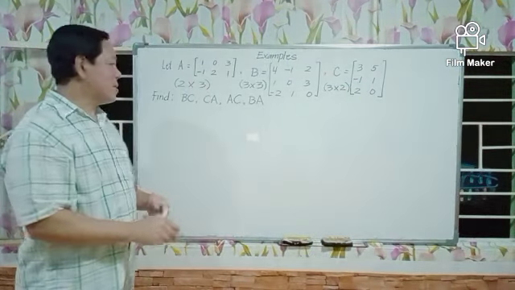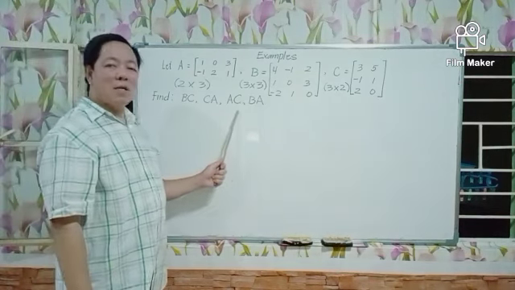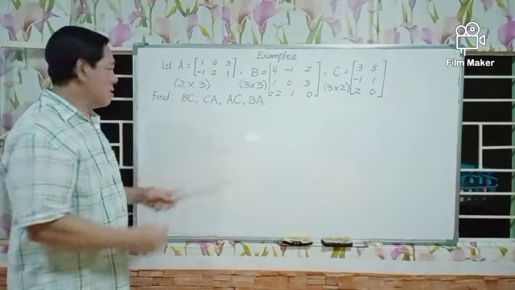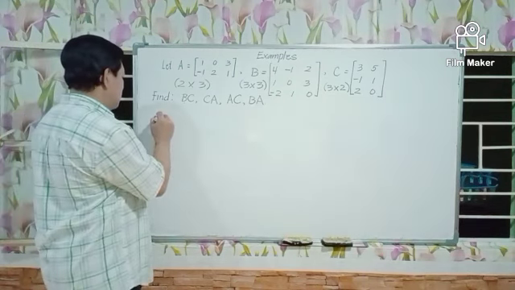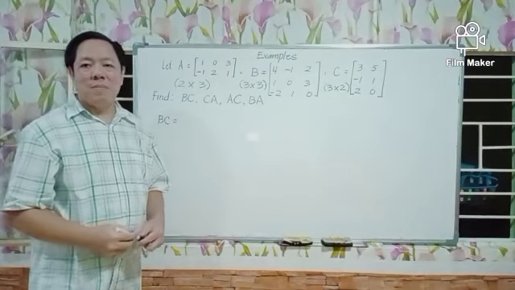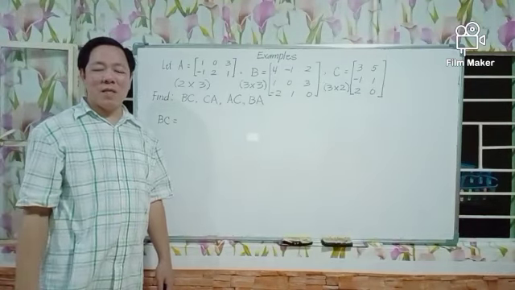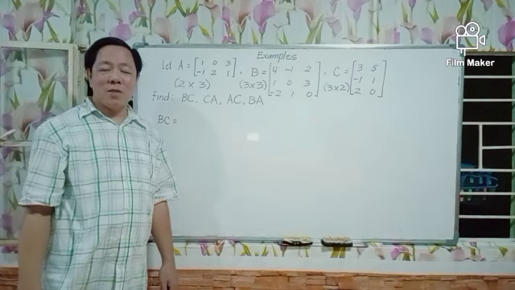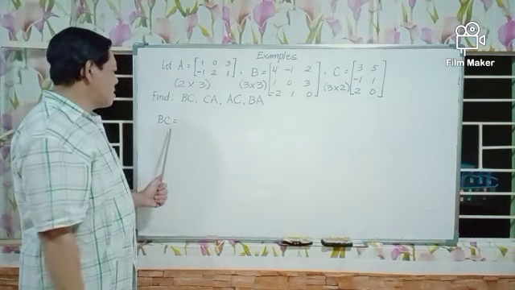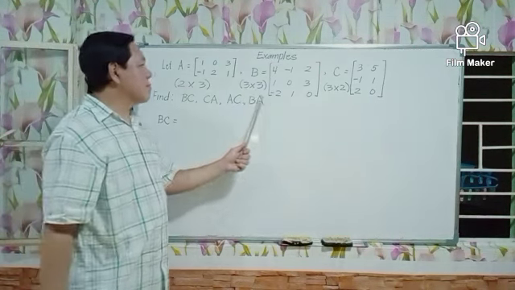We find the products BC, CA, AC, and BA. We start with BC. Before you even multiply the matrices B and C, you can already tell the size or shape of the product of matrices B and C. B is a 3 by 3 matrix.